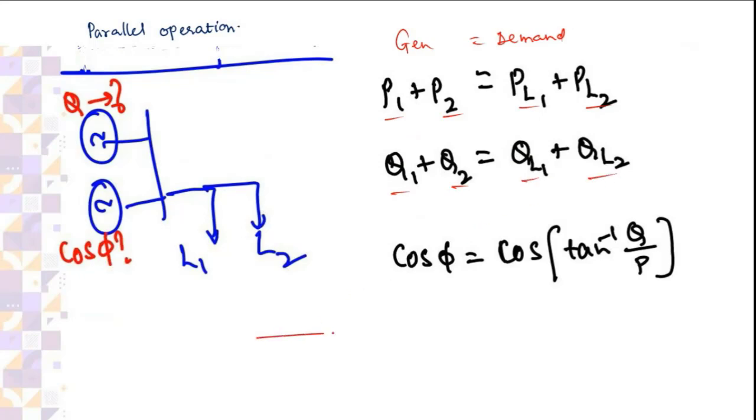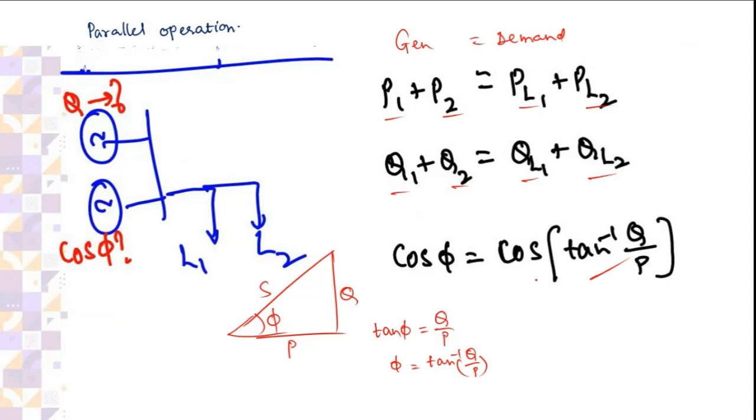Once you know the active and reactive powers, you can find the power factor. Power factor cos phi is P by S, or tan phi is Q by P, so phi is tan inverse of Q by P. Substitute and you get the power factor.